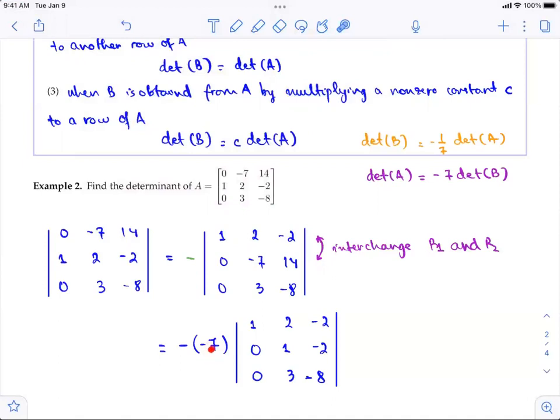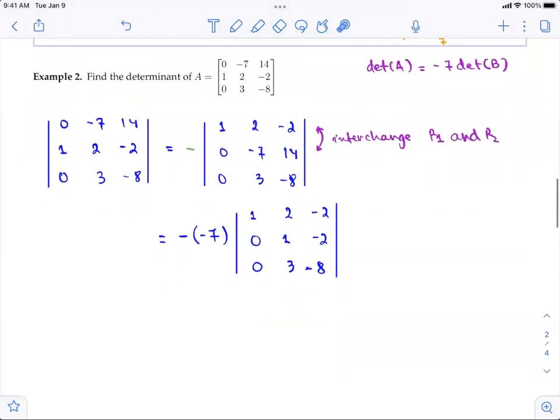That's what we did over here, so that it can reflect this manipulation. So instead of saying, can I multiply the second row by -1/7, I can also say that I factor -7 out of the second row of the determinant. So that's why you get -7 and not -1/7.